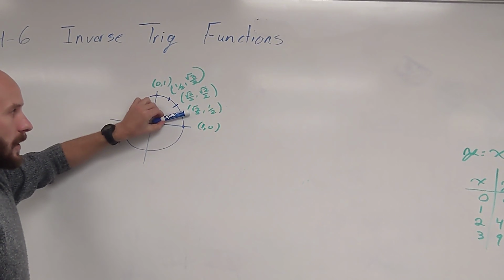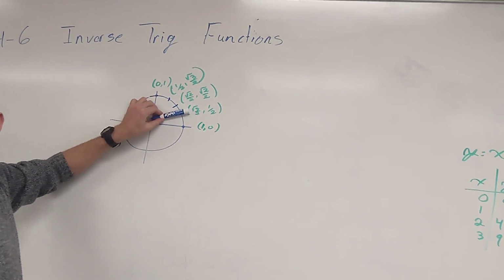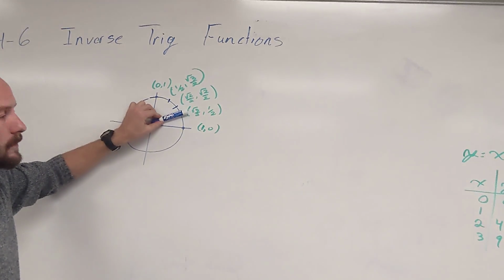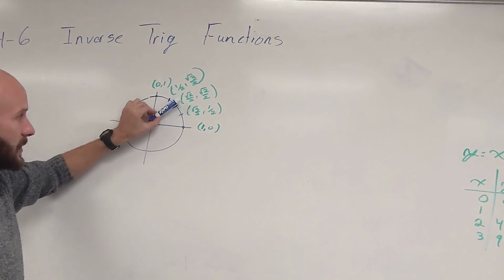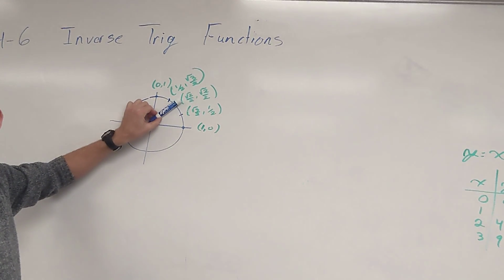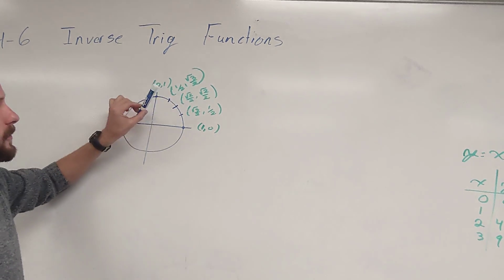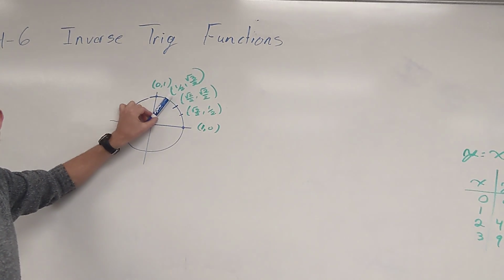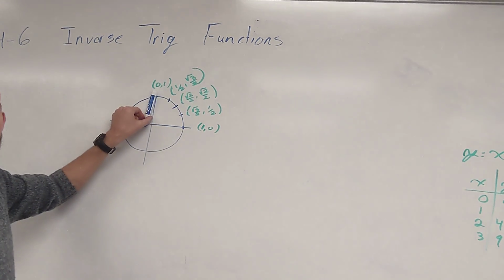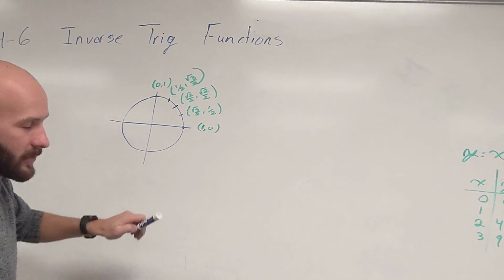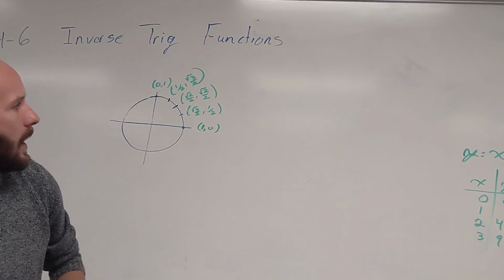So this is 30 degrees, or what would the radian value there be? Pi over 6. This is 45 degrees, or pi over 4. This is 60 degrees, or pi over 3, and then 90 degrees, or pi over 2. Good. Okay.